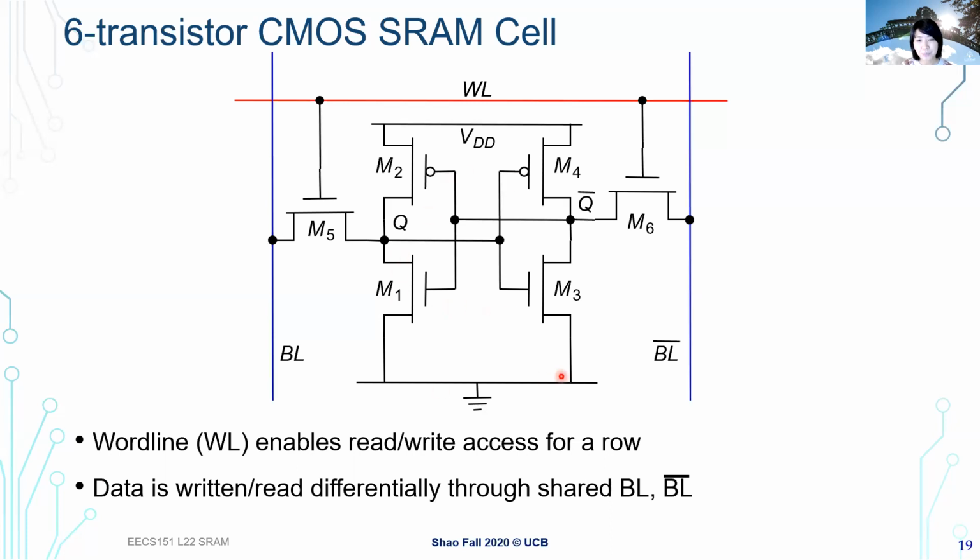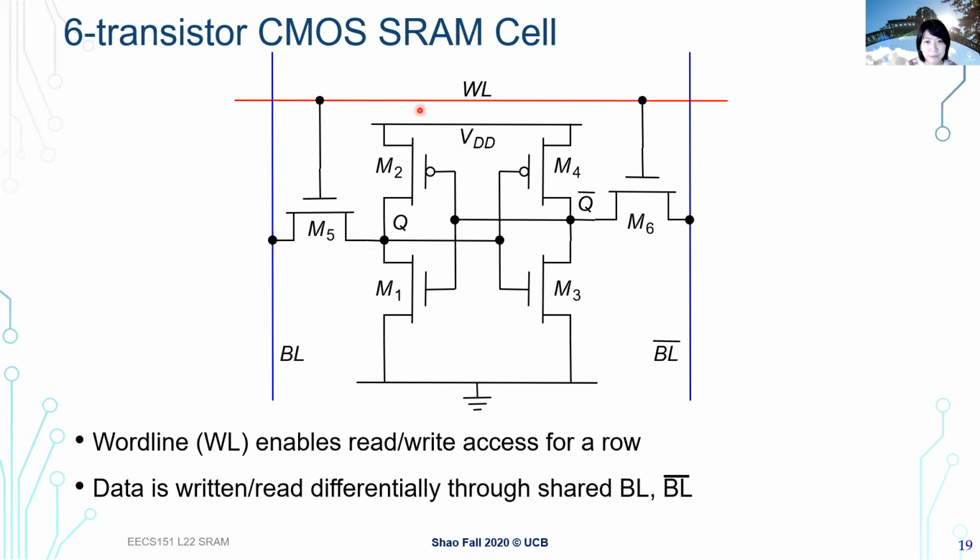This is just another way of organizing our inverters and transistors so that they can perform the specific functionality here. In this case, storing values in our SRAM cell and having 2 access transistors so that we can both read and write to this SRAM cell.